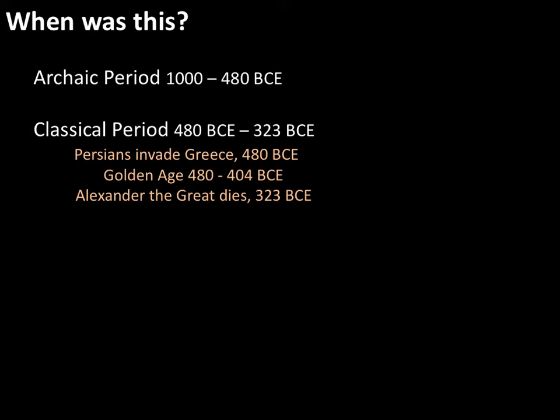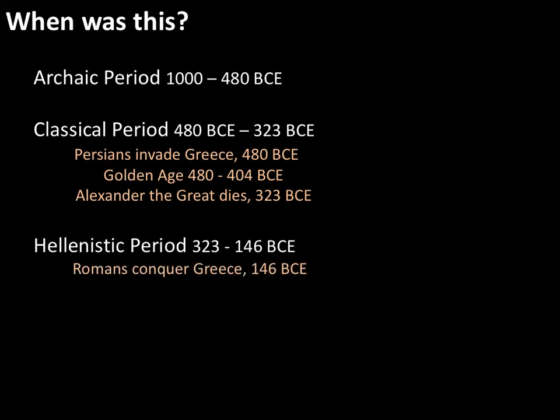That's like 150 years. And then the Hellenistic period, that's about another 150, 200 years, from 323 until 146 BCE, when the Romans conquer the Greek world. So archaic, classical, and Hellenistic. Those are the three biggies, and they have three very distinct visual styles, and that's what we're going to unpack here today.